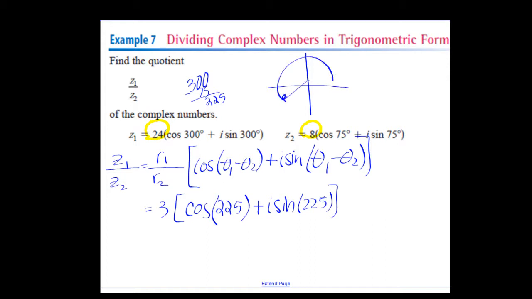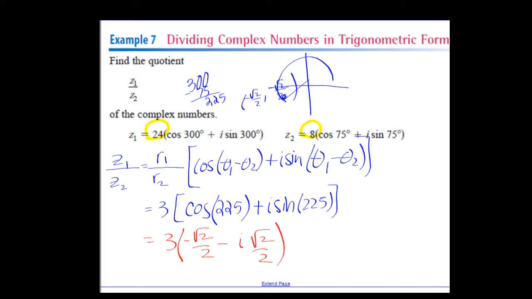So on the unit circle, we've got negative root 2 on 2, comma, negative root 2 on 2. So when we simplify inside, got 3. Your cosine is your x value, so negative root 2 on 2, plus i, and your sine is negative root 2 on 2. So I'm going to change this addition to a subtraction.